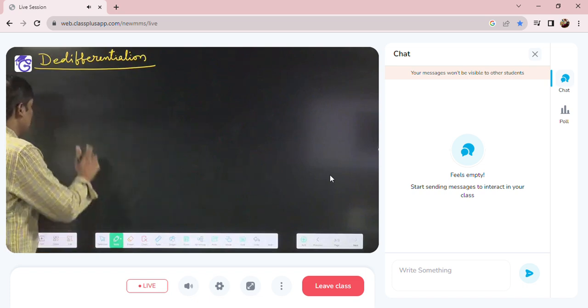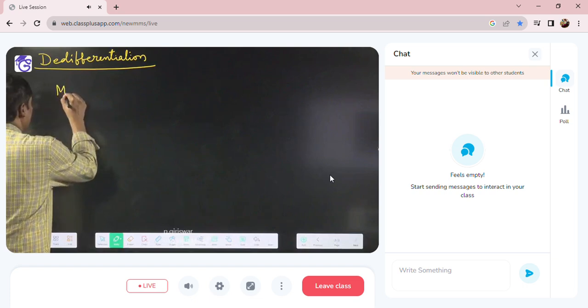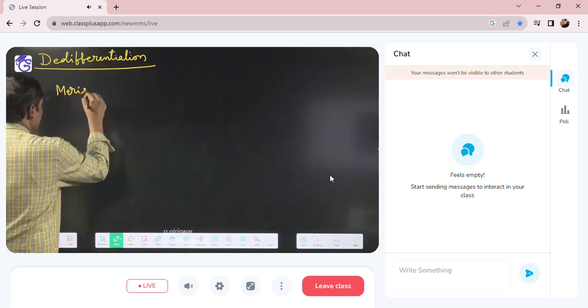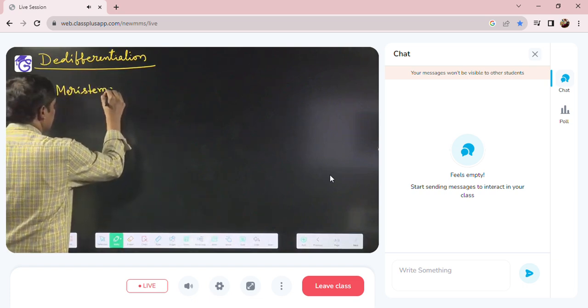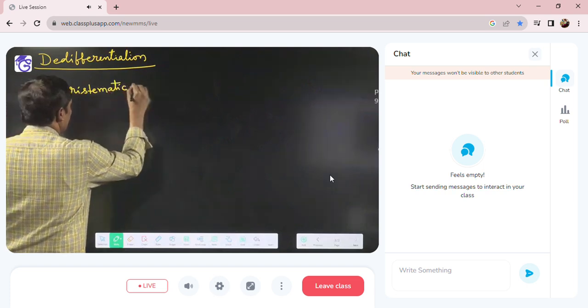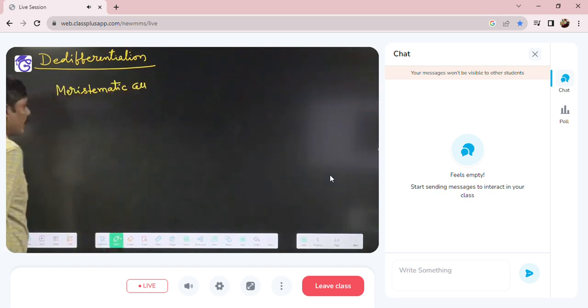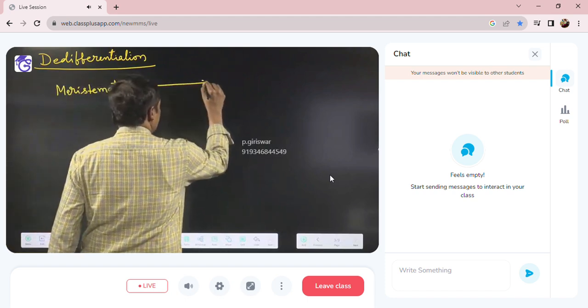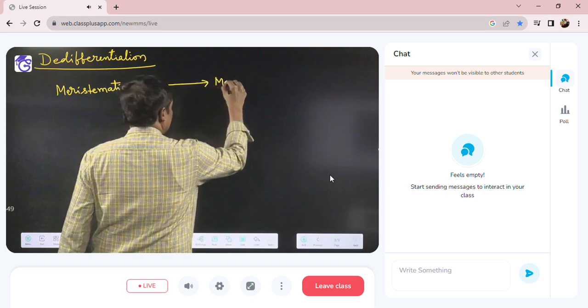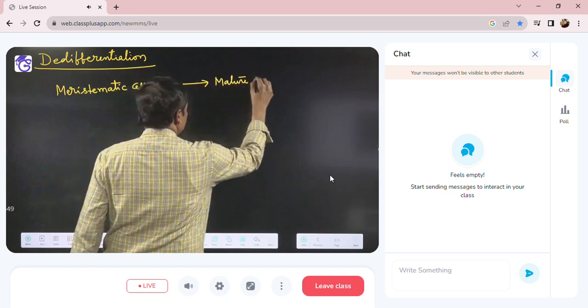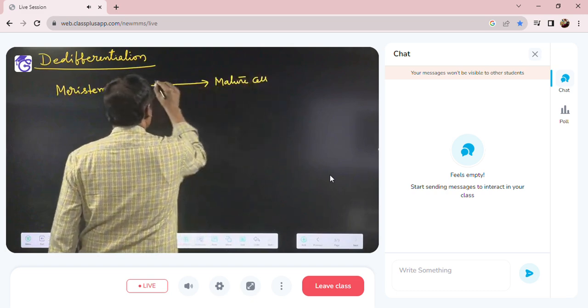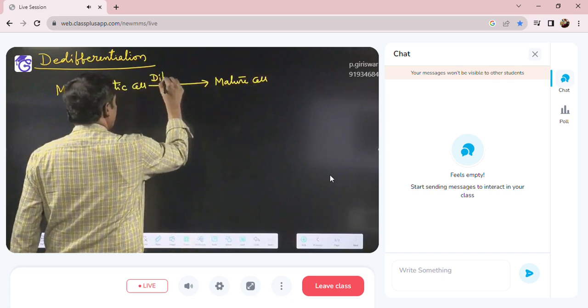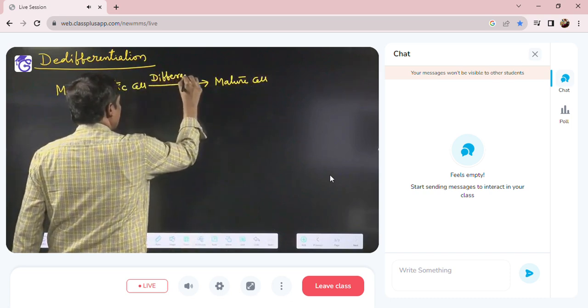Already I told you that a meristematic cell undergoes differentiation and forms a mature cell. This process is called differentiation.